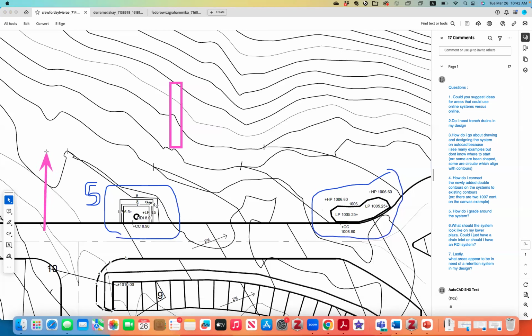The cross section is cut right here, and this south part is on the left and north part on the right.